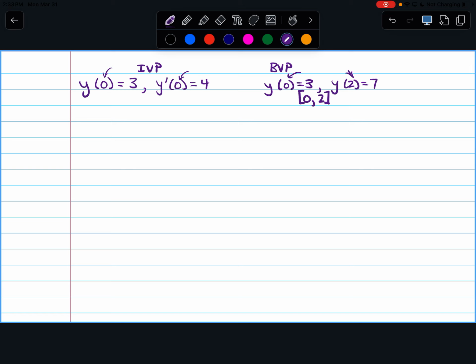Now, first of all, I want to point out something to you. A lot of times you'll find yourself with something like this. Let's suppose we've got y prime equals e to the x squared, and let's suppose we've got an initial condition, y of 0 is equal to 0.